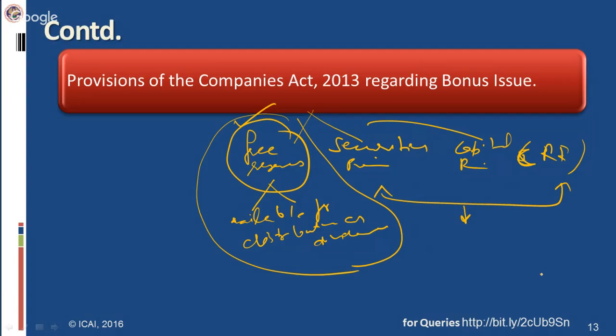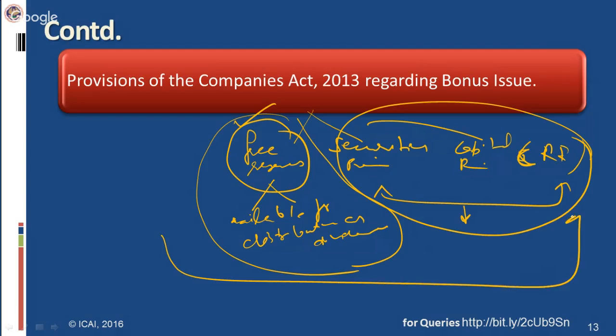Securities premium and CRR are not allowed for conversion of partly paid up to fully paid up. However, for the purpose of issuing fully paid bonus shares, you can use these two sources. So these three sources in total you can use for declaring bonus as fully paid up. But if you want to convert partly paid up into fully paid up, then only free reserves are available. These two sources are not available.